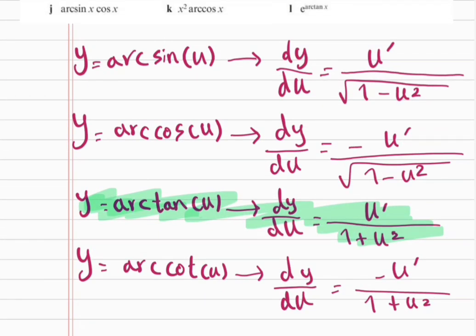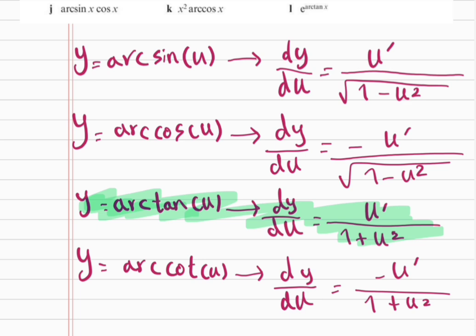Whatever function you have for the arctan, we just call that function u. So you find the derivative of u, and that goes in the numerator, and then in the denominator you have 1 plus that function squared. And this idea applies to all of these standard results.